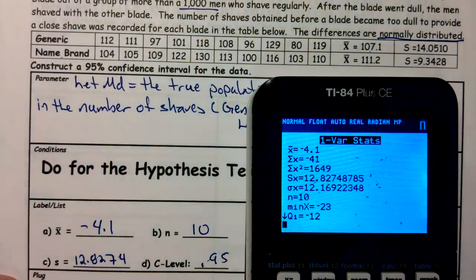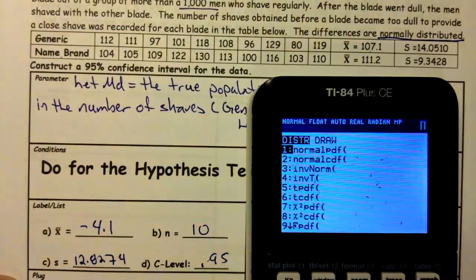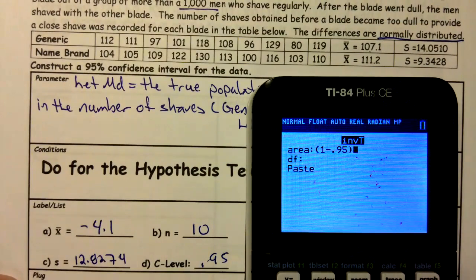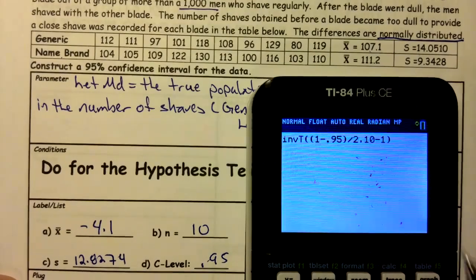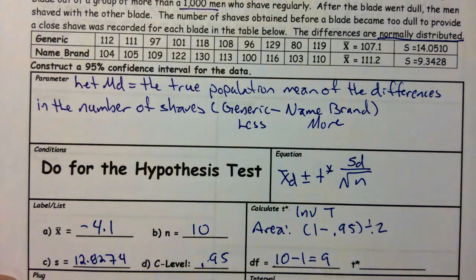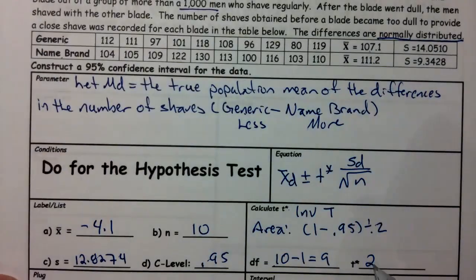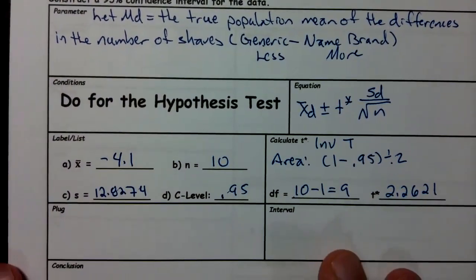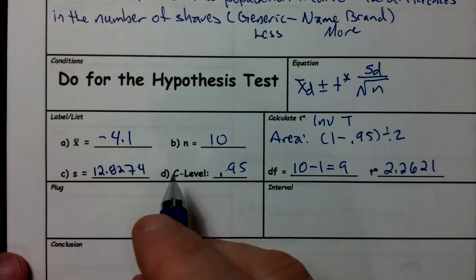So let's do that. Second vars, inverse T, parenthesis 1 minus 0.95, close parenthesis, divided by 2, degrees of freedom 10 minus 1. And we end up getting a value of 2.2621.